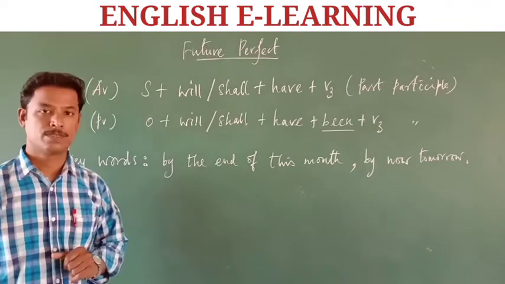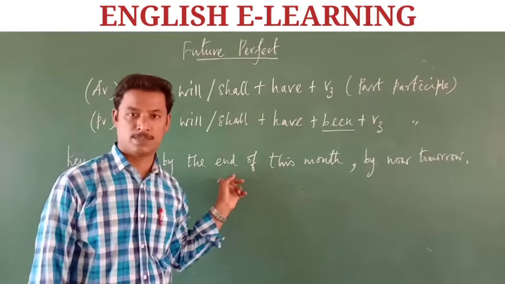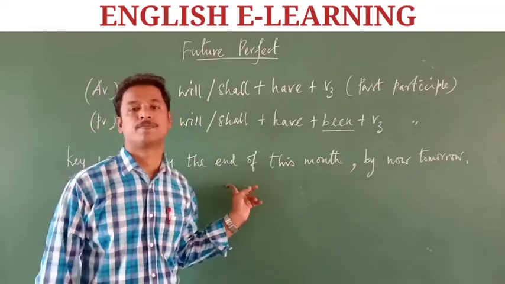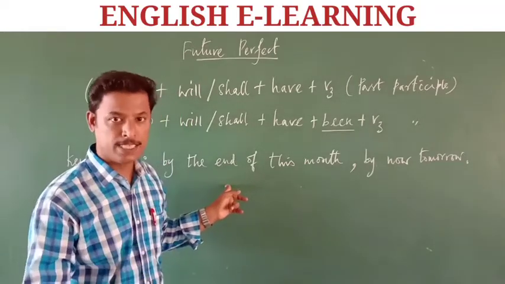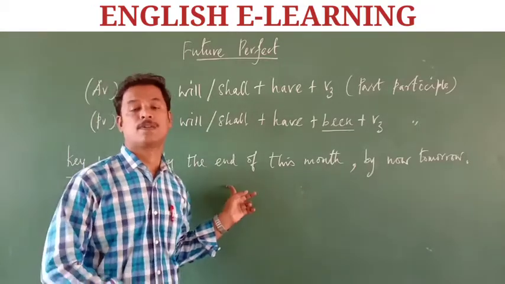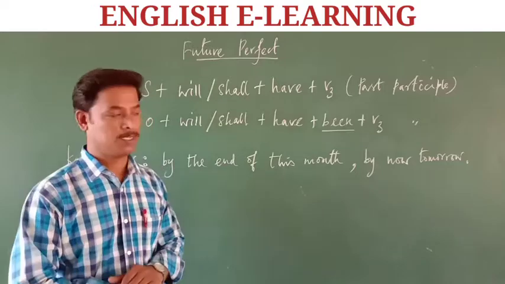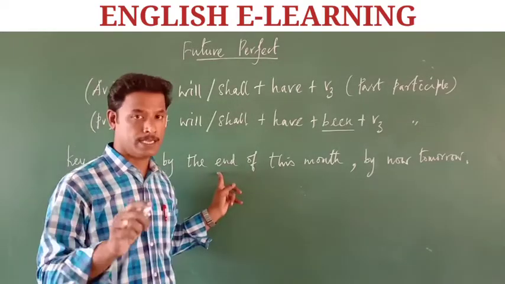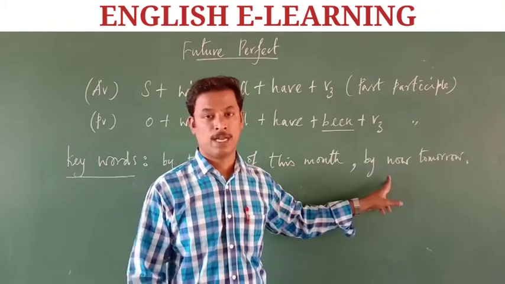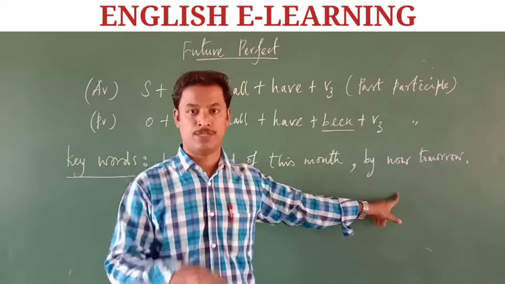Look at the keywords. By the end of this month, or by the end of this week, or by the end of this class, or by the end of this session, or by the end of this year, whatever it is, we must use by the end of. Otherwise, by now, tomorrow, as we have seen the same keyword in future continuous.